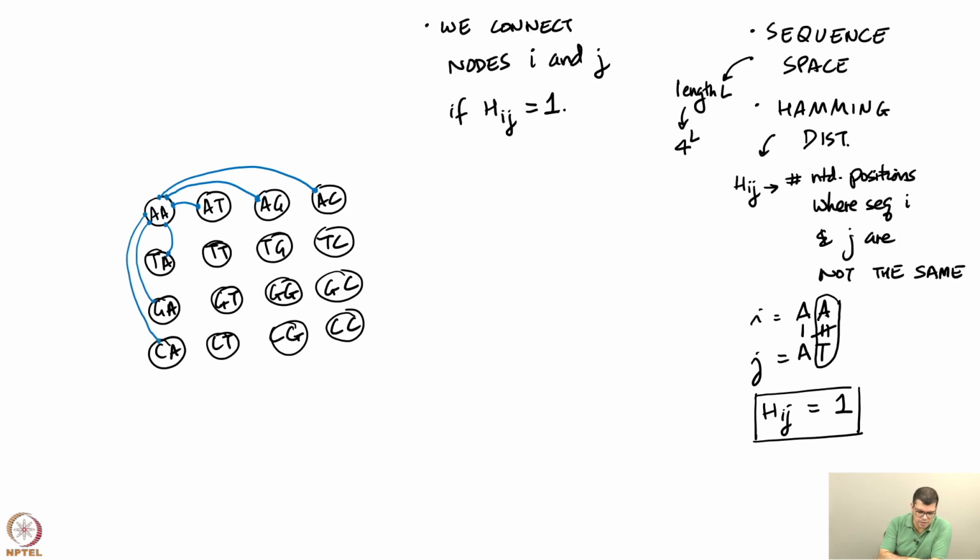And you will see that AA should not be connected with the remaining 9 nodes, because for each one of these 9 nodes, the Hamming distance between AA and them is 2, and our rule is that we will only connect 2 nodes if the Hamming distance between them is 1. So the number of partners of each node in this case is simply equal to 6.